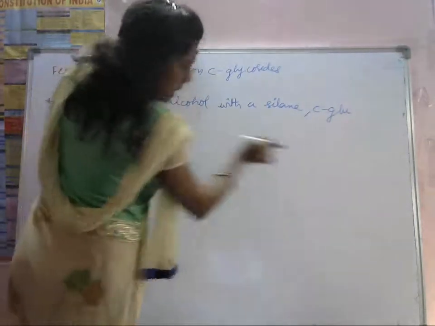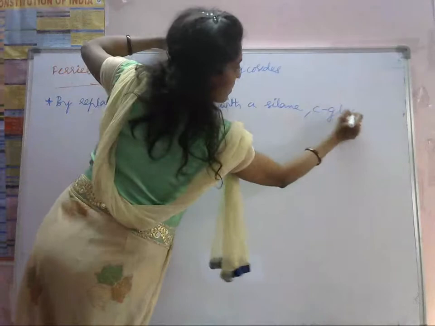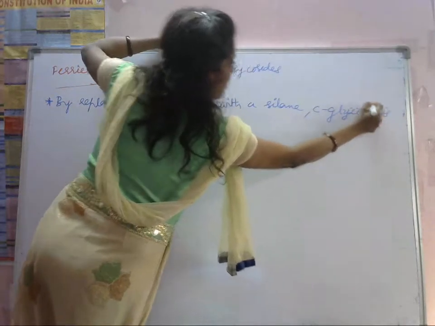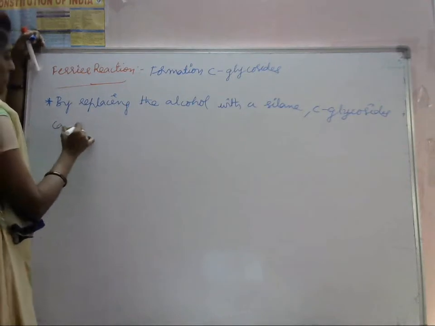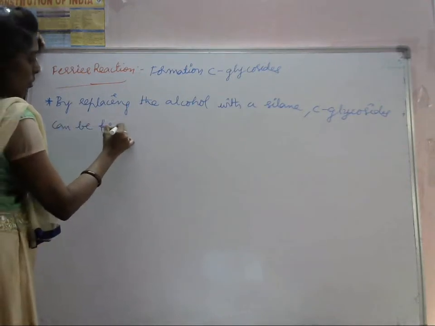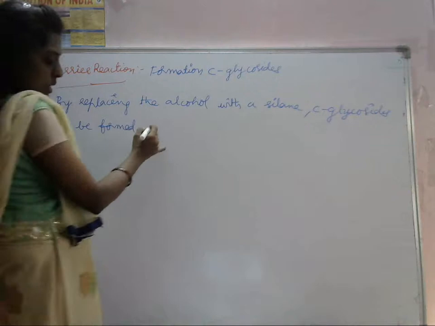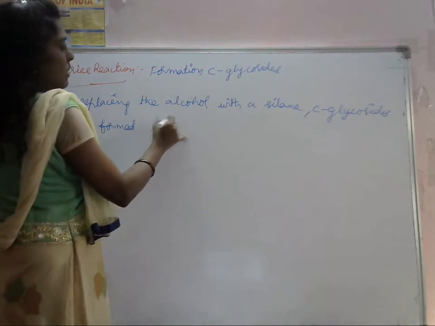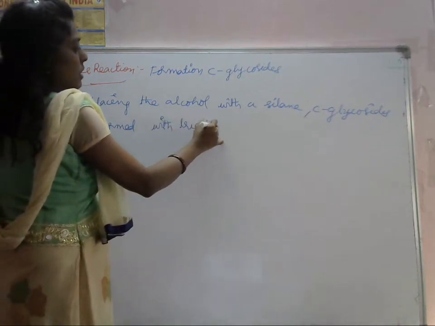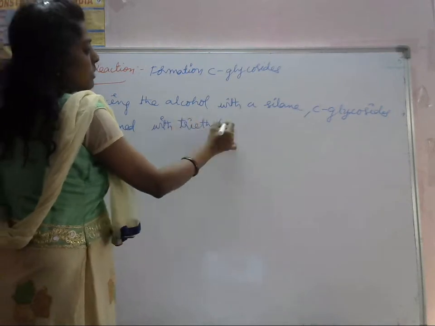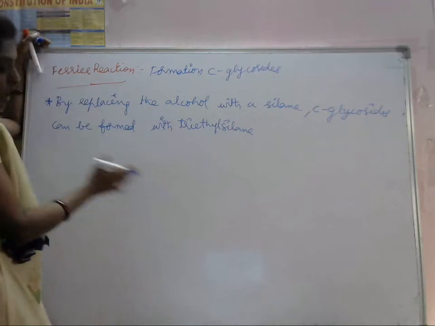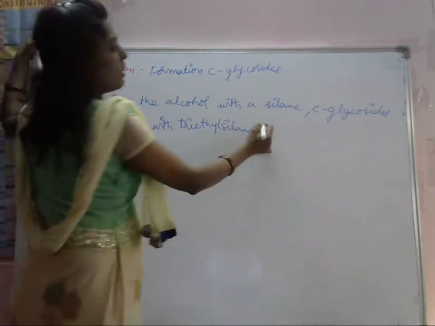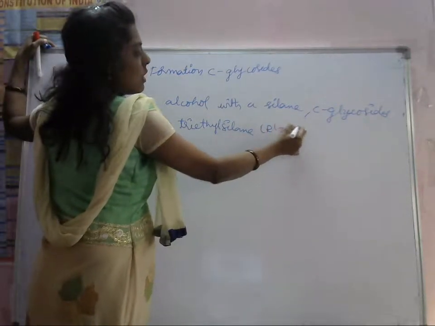C-glycosides can be formed with triethylsilane. We have to use this reagent for removing this group, and R1 is equal to H here.